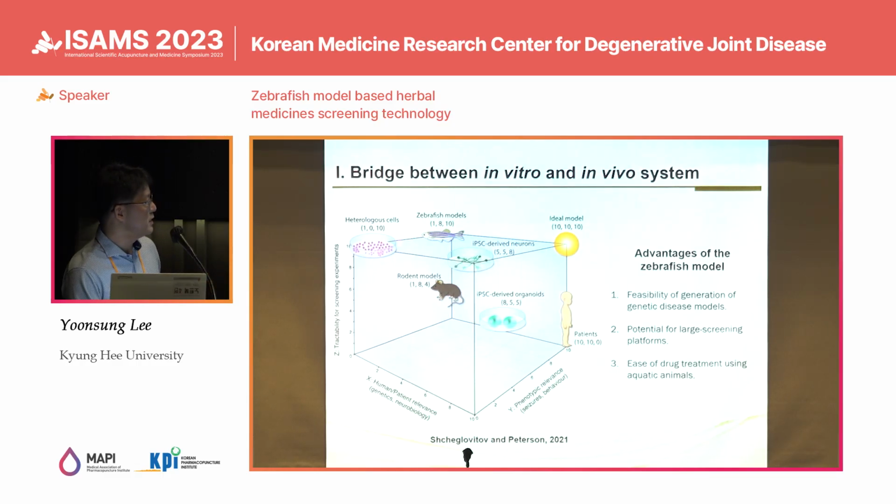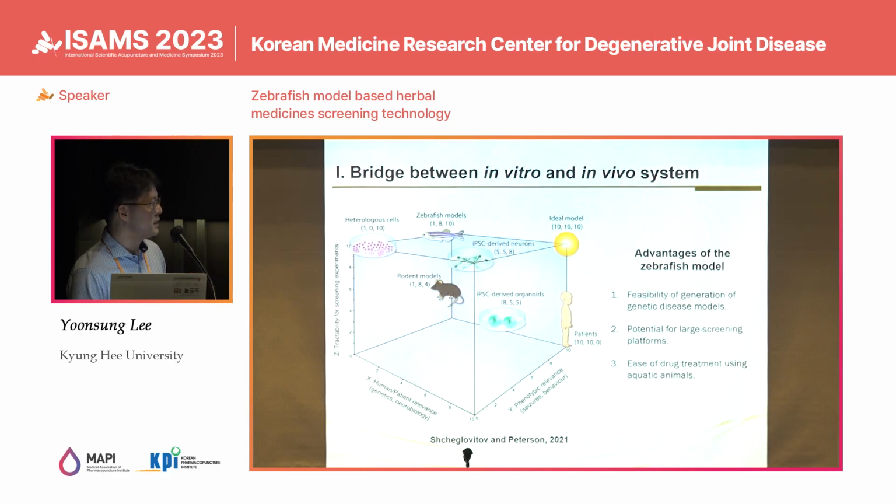And what's interesting here are zebrafish and rodent models like the mouse. They are also really great genetic model systems. But one advantage of zebrafish is that they are really practical for screening experiments. So they can link the cell system to the rodent system with really good tractability for screening tools.